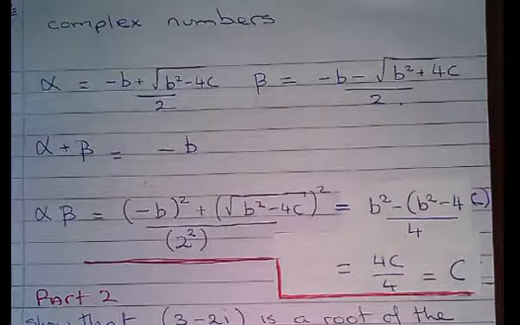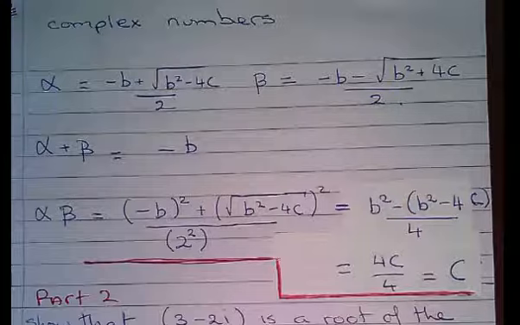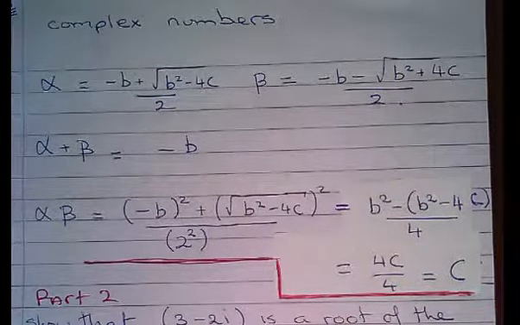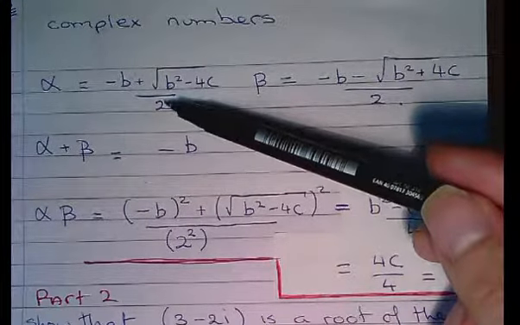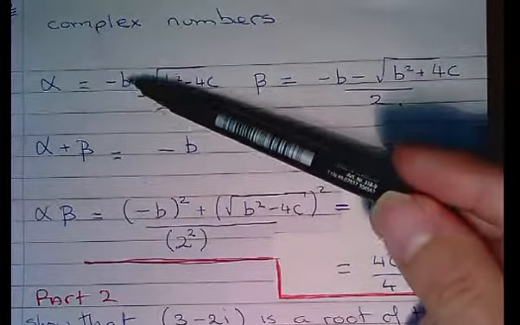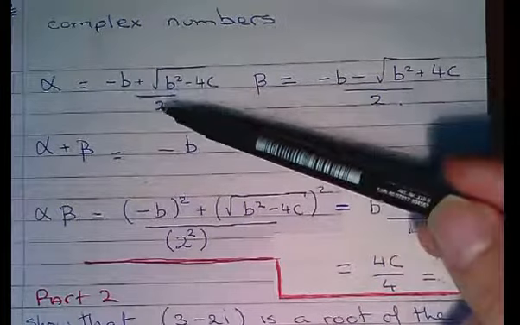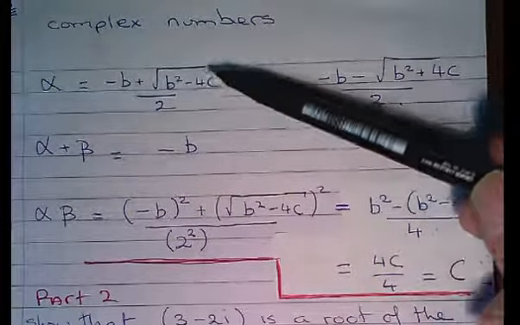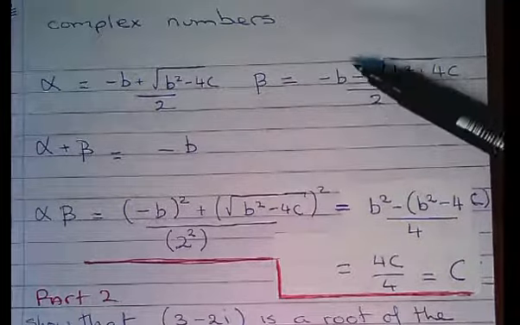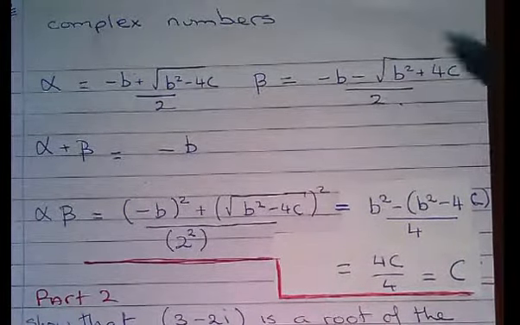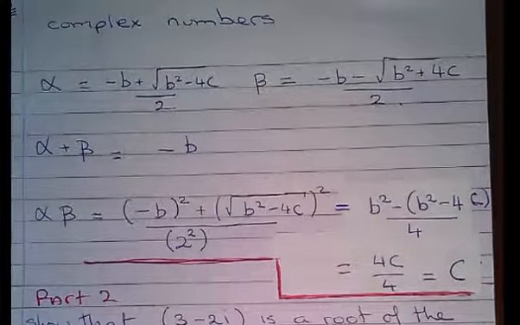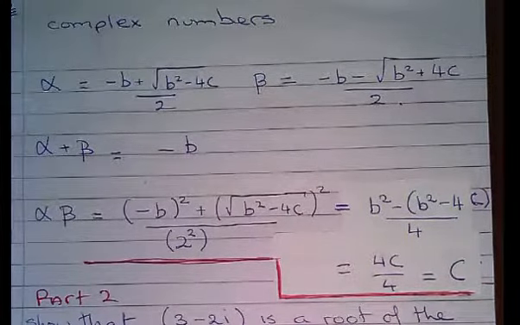The important thing to remember is that we're just going to add these two numbers. Watch out for this: I have it over 2 down here. So what I'm adding is minus b over 2 plus the square root of b squared minus 4c over 2, and on this side minus b over 2 minus the square root of b squared minus 4c over 2. Be careful of that denominator 2.